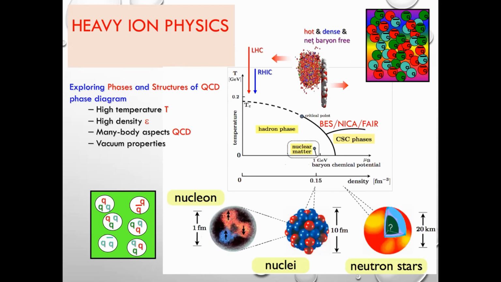And now we are coming back from high energies to intermediate and a little bit lower energies during, for instance, the beam energy scan at RHIC. And in future, we hope that we will have two more facilities, NICA and FAIR, because this energy range provides us with still a high temperature, but also a high baryon density.